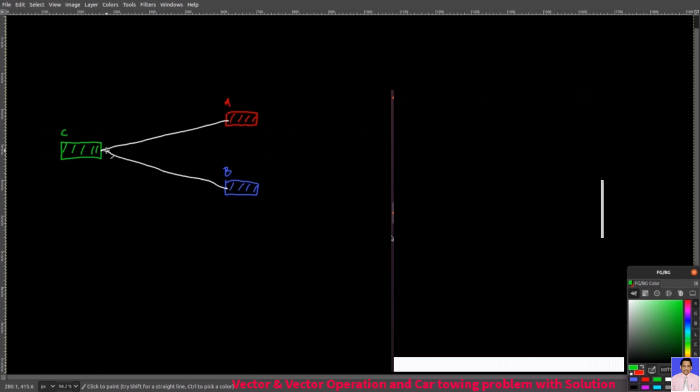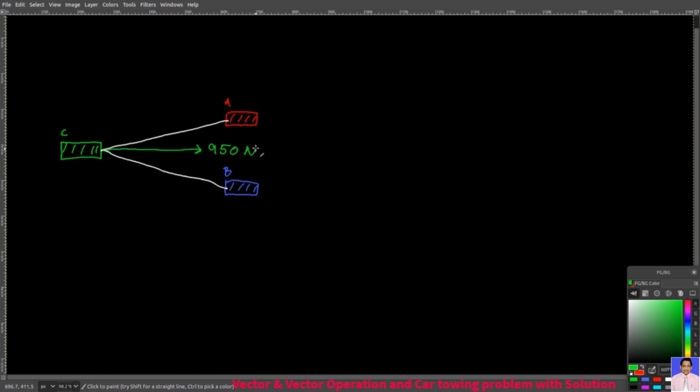Now you have this situation. You still need to have 950 newtons here, and so you have 20 degrees here and also 20 degrees here. That's the theta that I have been varying. And so already from the symmetry, you can see that there is no reason why FA and FB would not be equal.